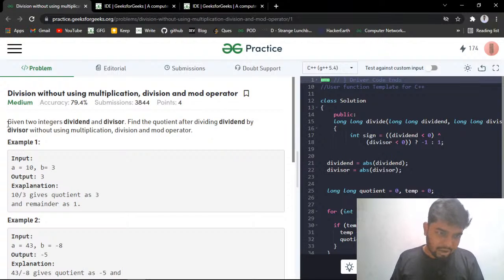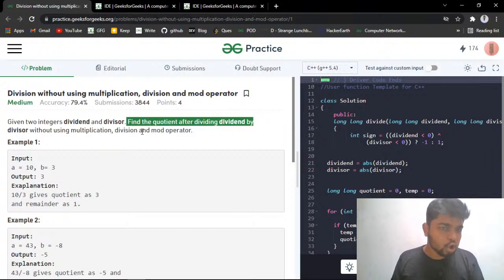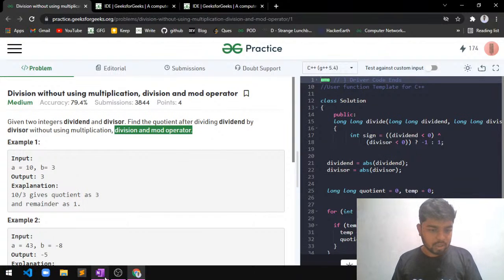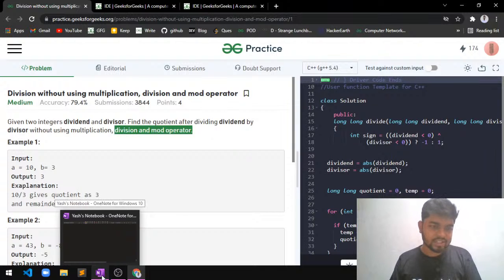You have been given two integers, the dividend and the divisor, let's say one number x and another number y, and you have to find the quotient after dividing the dividend by the divisor without using multiplication, modulo or division operator. So is the question clear to all of you?